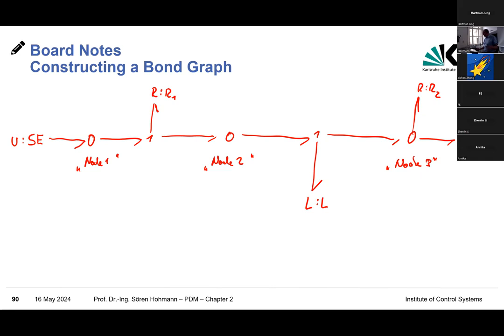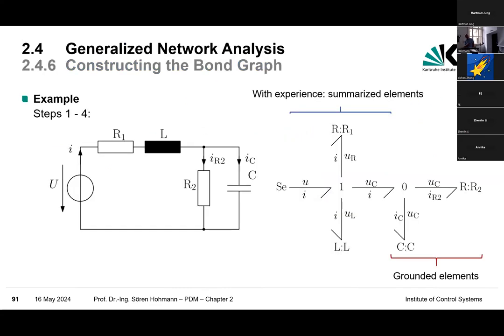Now, what we can do, well, obviously, node 2 is just for representing something. Nothing happens here, so we can collect these two, due to the fact that the current or the flow variable which goes in goes out here, so we can directly attach this 1 junction to that 1 junction, and then we end up with something like this.